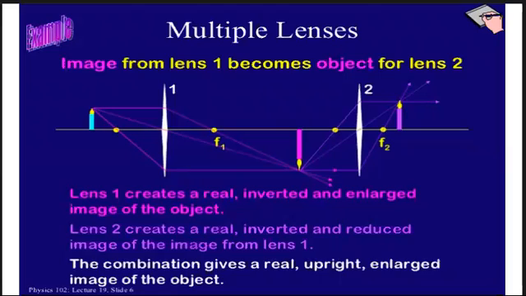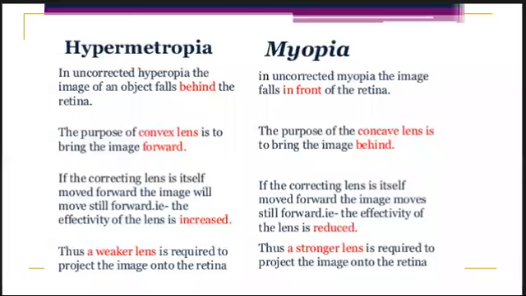Okay? So, practical application: hypermetropia and myopia. In uncorrected hyperopia, the image of the object falls behind the retina. In uncorrected myopia, the image falls in front of the retina.